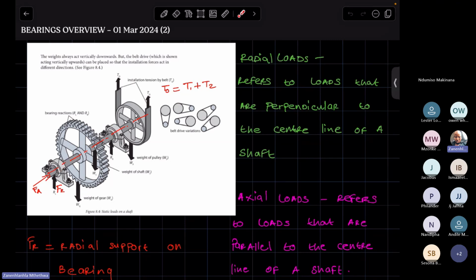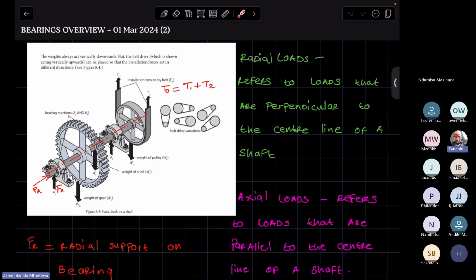The bearings, as I mentioned, act as essentially supports for the shaft, depending on the kind of loads that the shaft is being subjected to. We get loads that are essentially perpendicular to the line of action of the shaft, and loads that are parallel to the line of action of the shaft.